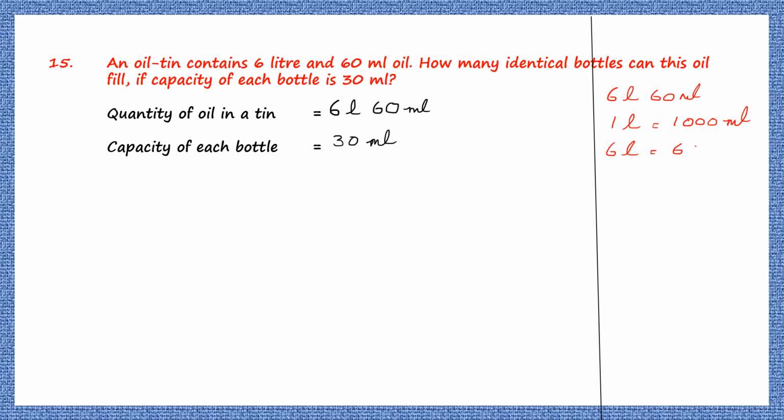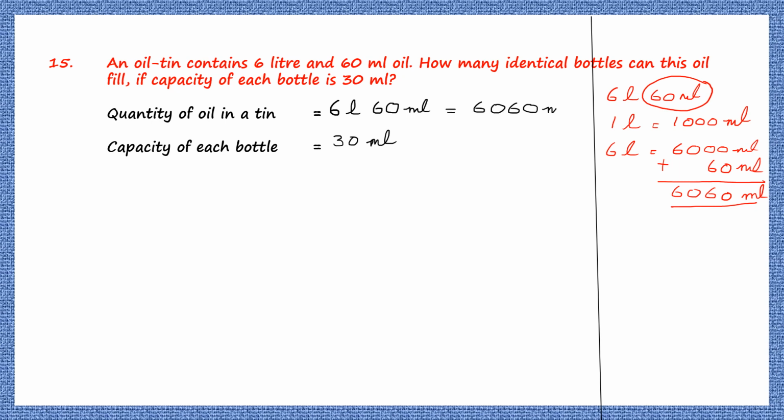Now what about this one? This is already in milliliters. So we simply have to add it by putting it in the right place. 60 has to be put there, isn't it? Now let's add up these. So we have 0, 6, 0, 6, that is 6060 milliliters.